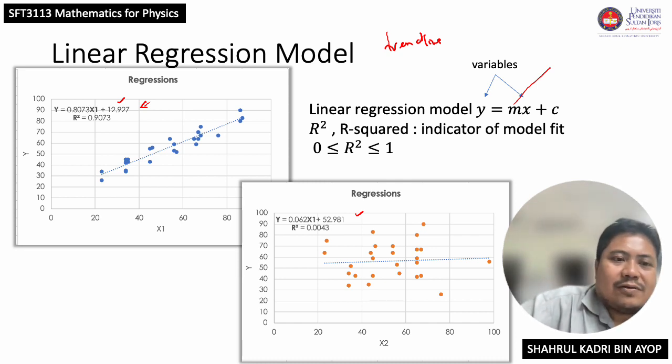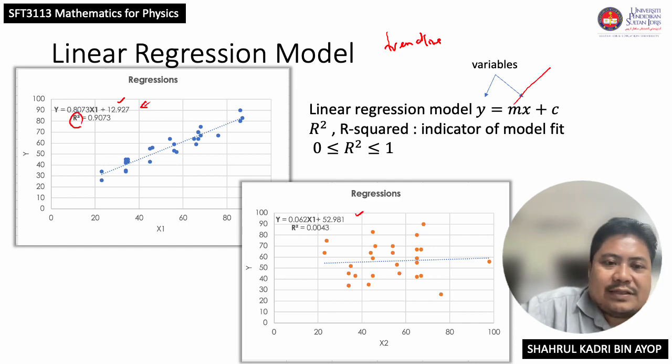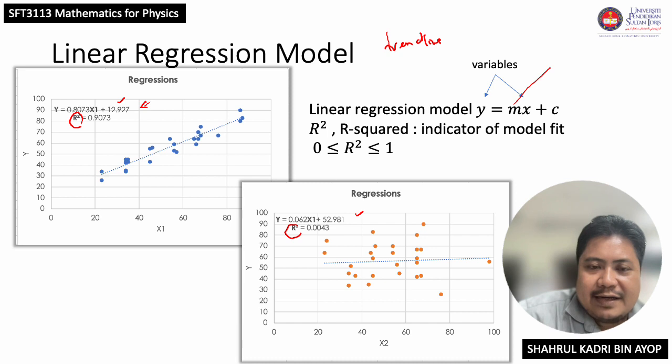And then we can also see another parameter here, R squared, which is an indicator of model fit. That means how close the graph is to the linear equation.